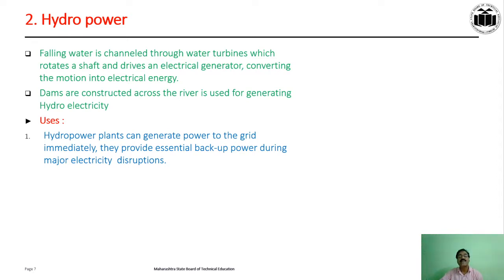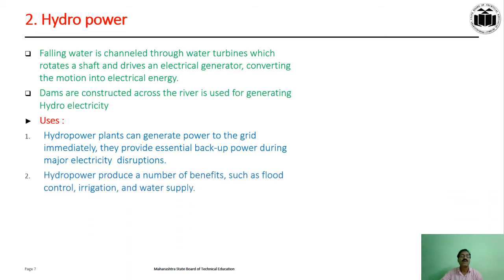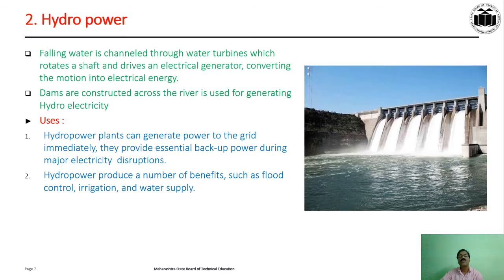Hydropower plants can generate power to the grid immediately. They provide essential backup power during major electricity disruption. Hydropower produces a number of benefits such as flood control, irrigation and water supply to a city or a town. This figure shows a dam constructed across the river, and due to this hydraulic jump, electricity gets generated.